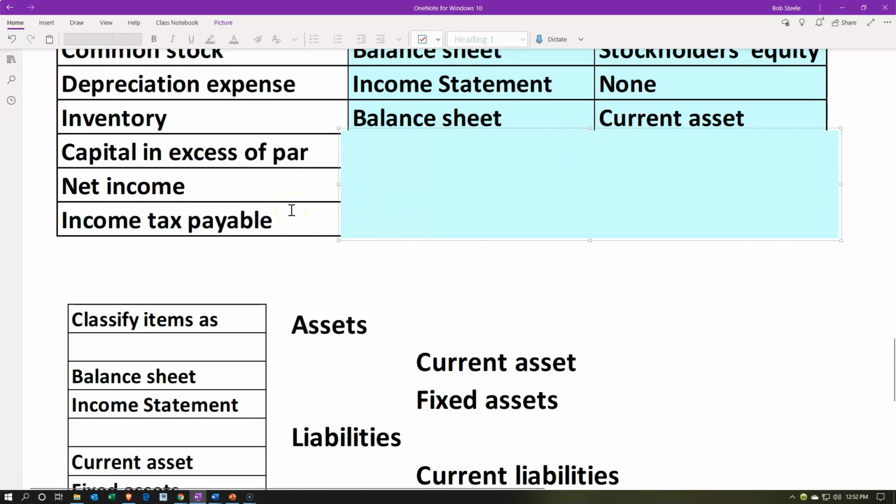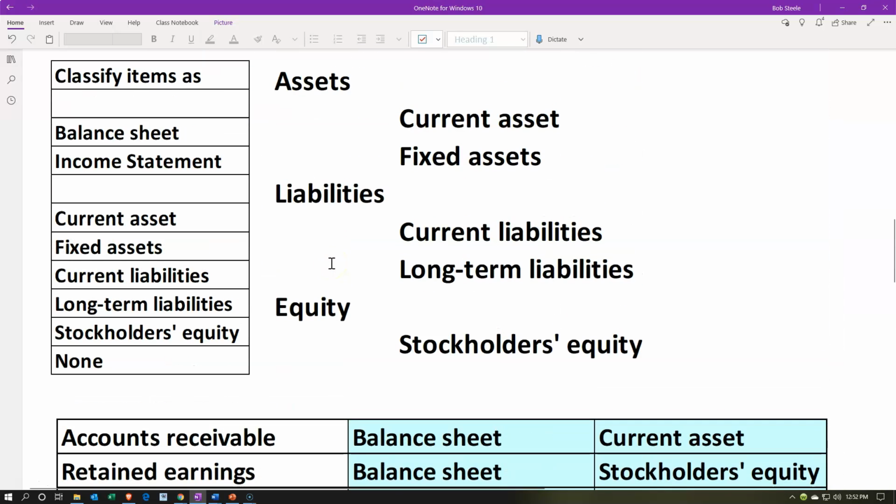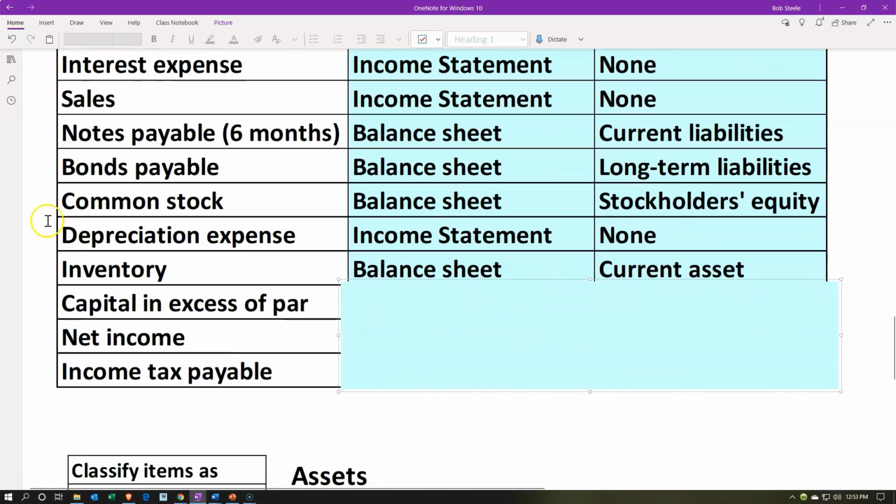Then we got the capital in excess of par, otherwise known as additional paid-in capital. Is that going to be a balance sheet account or income statement account? It's actually going to be balance sheet. It's going to be in the equity section. That's the most strange kind of account other than the preferred stock, because it's related to the common stock. We're basically breaking out the common stock.